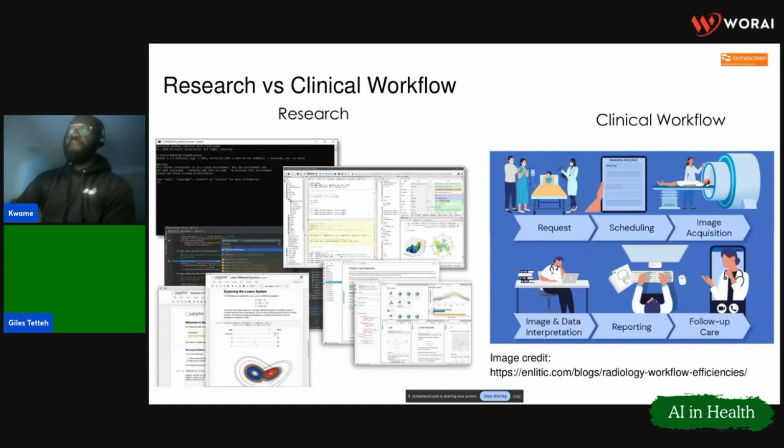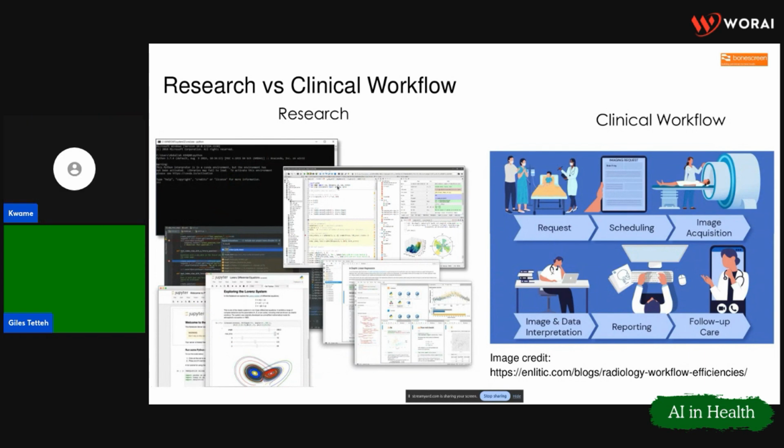Okay, sorry. So what I was saying is that in most cases, this is how researchers do their research, right? They are mainly sitting in the lab, writing code, executing training models, etc. And then this is the workflow of the clinician, the radiologist. They get requests, they schedule it, they take the image, they interpret the image, write their report, and then there is a follow-up.